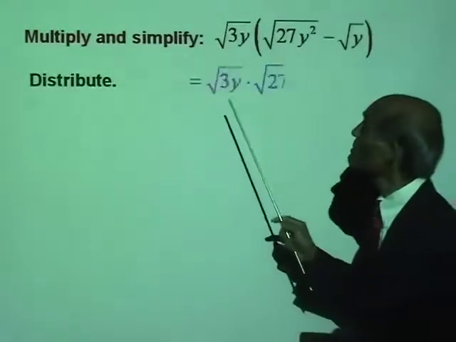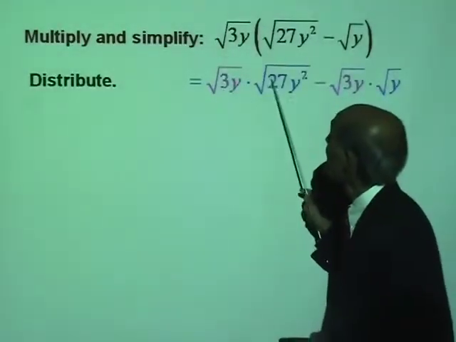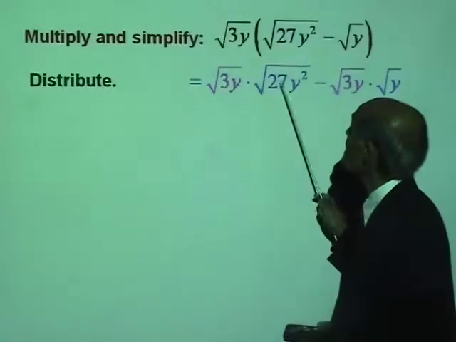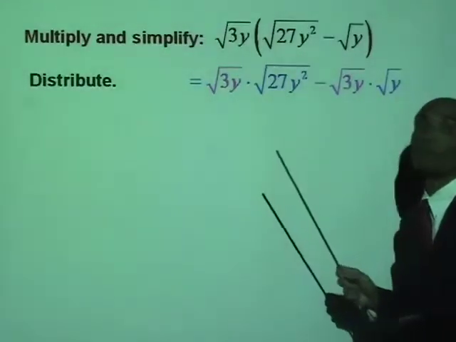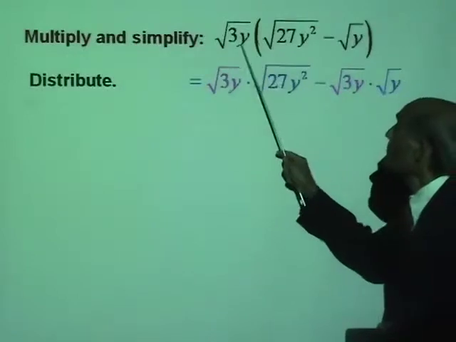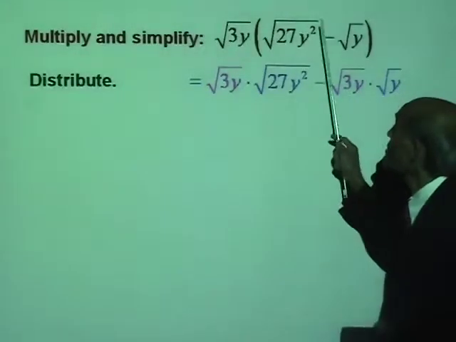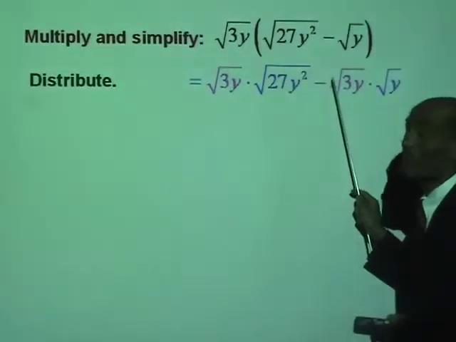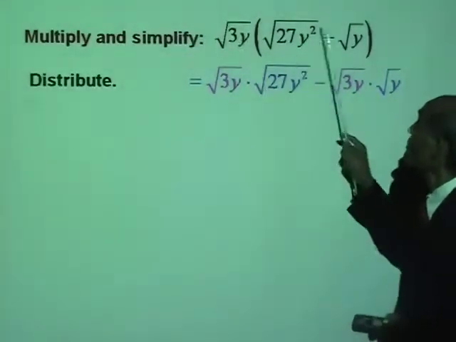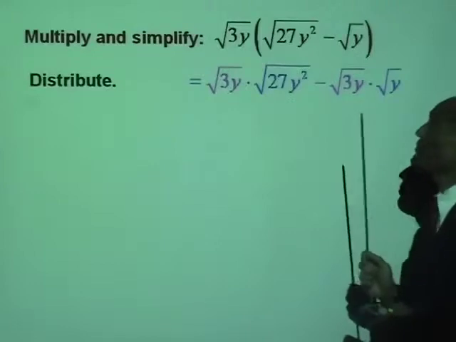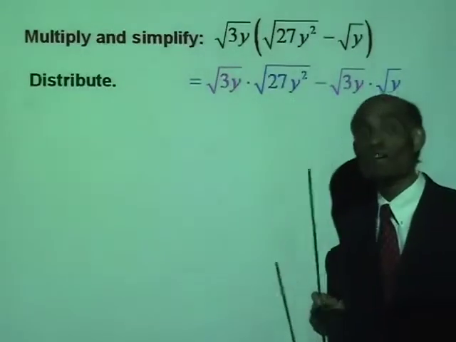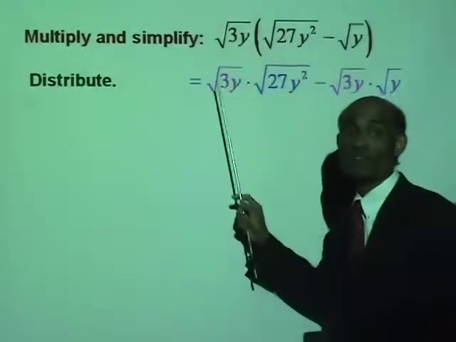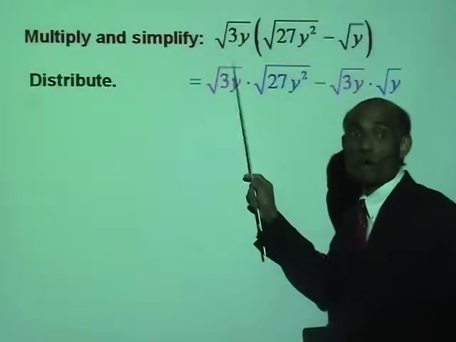And that is equal to square root 3y times square root 27y squared. Square root 3y times negative square root y makes that sign negative, minus square root 3y times square root y. What is your next step in simplifying this? Use the product rule.